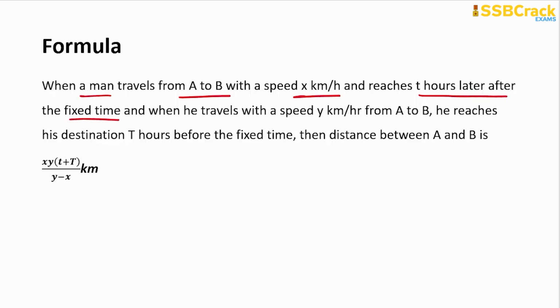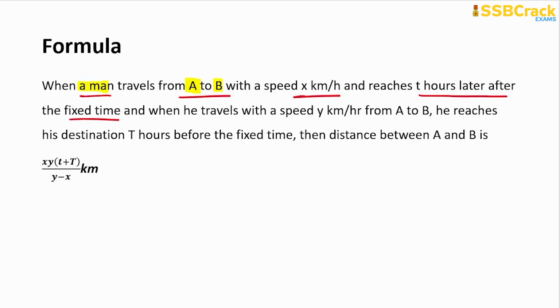Understand, there is a man who is traveling from a certain point A to another point B. So it's like starting point of the journey and ending point of the journey. That two places may or may not be mentioned in the question. So here this is a generic formula where you can apply to similar problems where places are also mentioned to you, isn't it? But understand the criteria of this formula to apply this to get the answer ASAP.